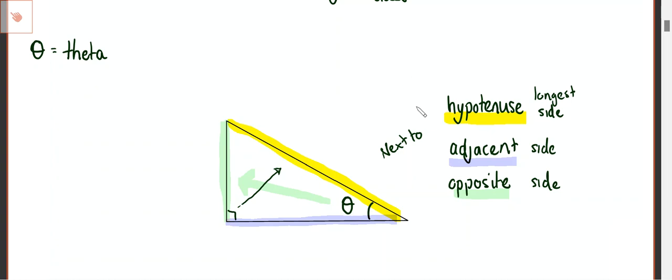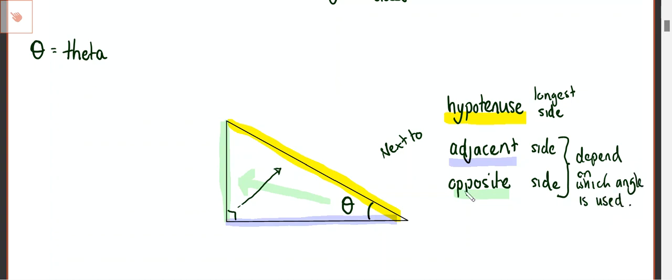Got that? But that can change. Any ideas why? If I went for the other angle, the adjacent and the opposite would switch. But the hypotenuse is always the same, always the longest side. So these two depend on which angle is used.